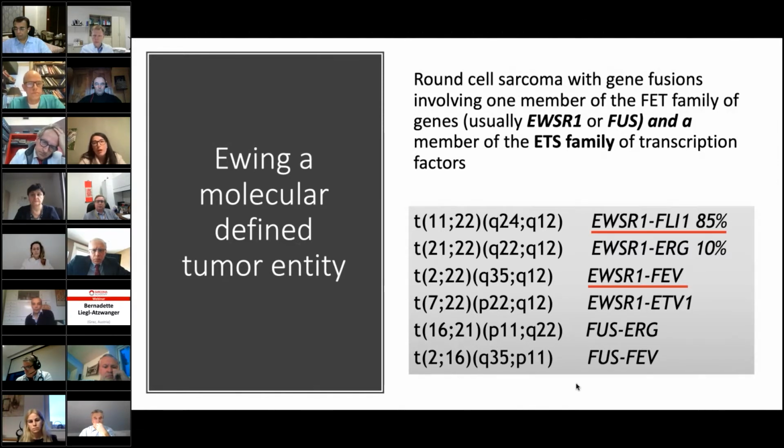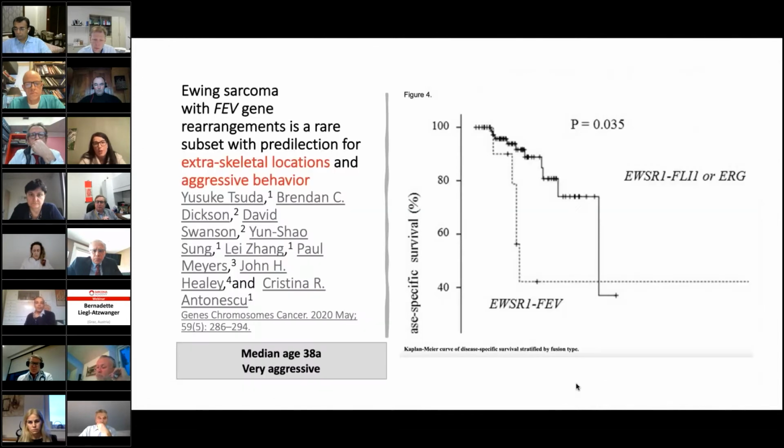We have learned a lot about this molecular stuff, and the molecular stuff also tells us that we have Ewing sarcomas with this classic pattern, which are mainly the Ewing sarcomas with EWSR1 and FUS fusions with FLI1 or FEV, but there are also other Ewing sarcomas where we have ERG as partner, which are morphologically much more heterogeneous.